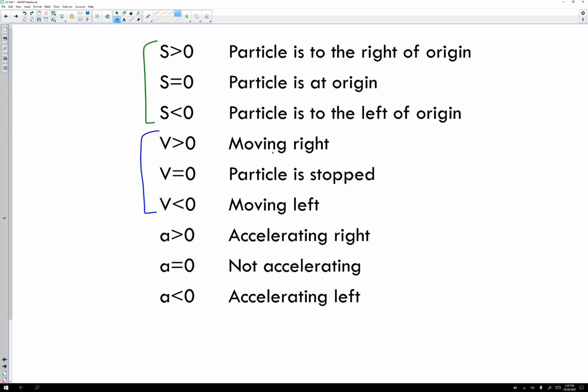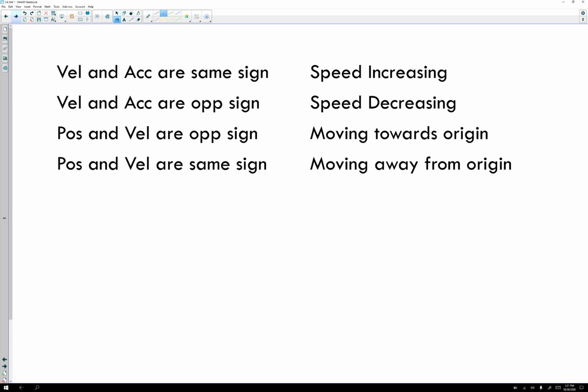It's either moving right, or it's not moving at all, or it's moving left. And then the acceleration, A, again, it's positive, equals 0, or less than 0. And so it's accelerating right, not accelerating, or accelerating left. Then the harder ones that we just talked about there at the end are right here.